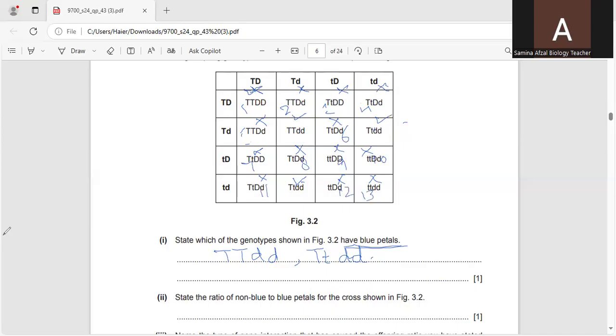So the non-blue petals are 13 and the blue petals are 1, 2, and 3. They are 3. So the ratio between non-blue petals to blue petals is 13 to 3. So there will be 13 non-blue petals and there will be 3 blue petals.